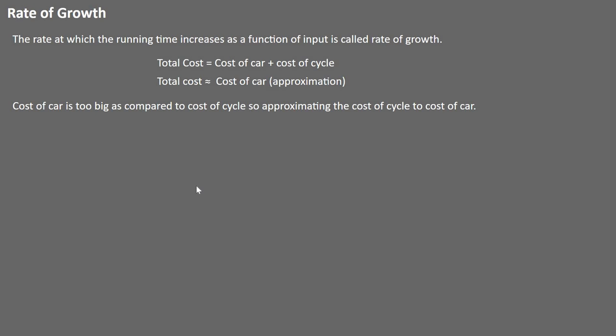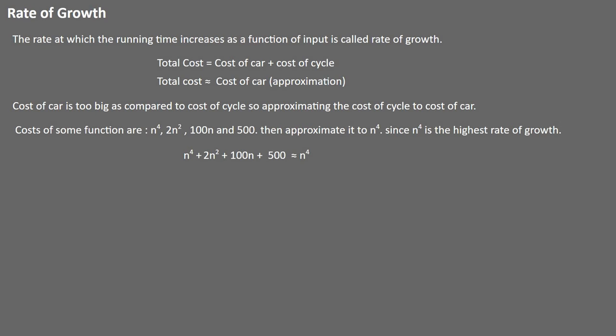This is what we are going to do inside the rate of growth function. Let's say we have some functions in the form of n raised to power 4, 2 into n raised to power 2, 100 into n, and 500.